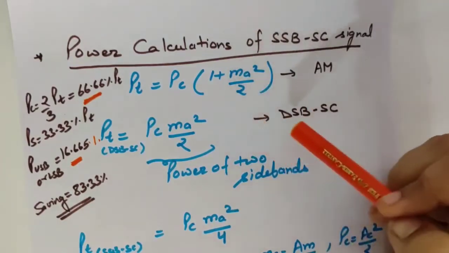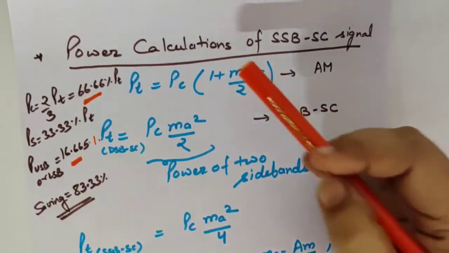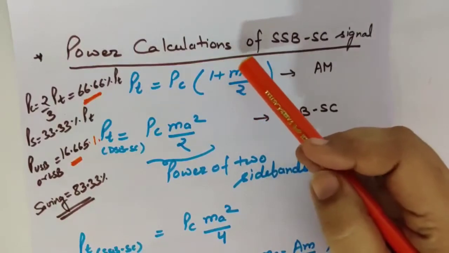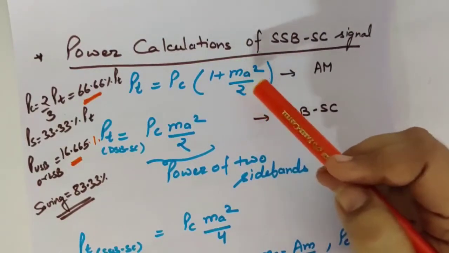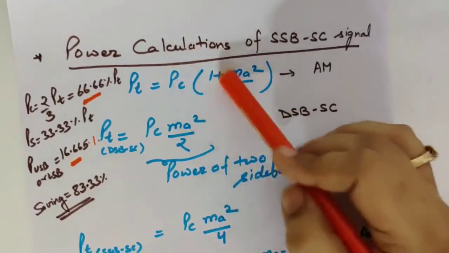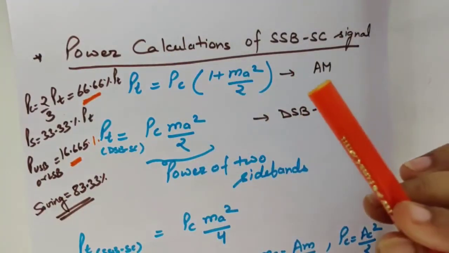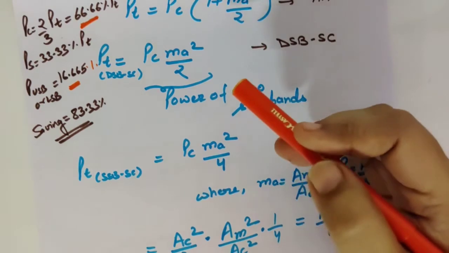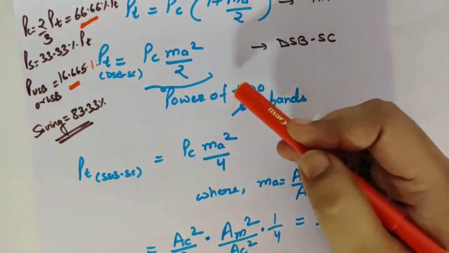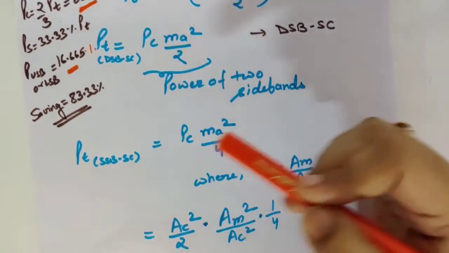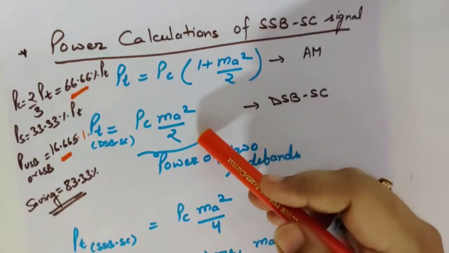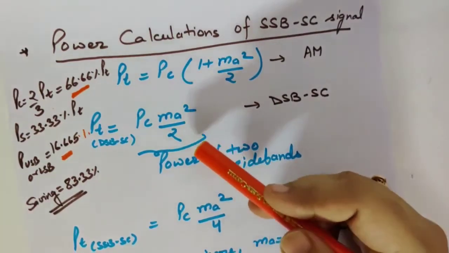So if we are sending both sidebands in DSB-SC, the power required is only Pc ma square by 2, since the carrier power is suppressed. Now if we want to send only one sideband, that is in SSB-SC, the power required by the two sidebands is Pc ma square by 2.